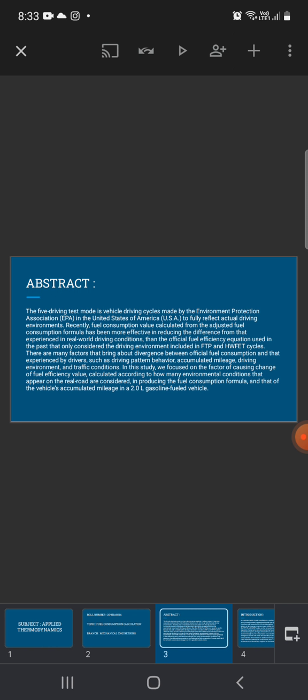In this study, we focused on the factors causing changes in the fuel efficiency value, calculated according to how many environment conditions that appear on the real road are considered in producing the fuel consumption formula, and that of the vehicle's accumulated mileage, in a 2.0 liter gasoline fueled vehicle.